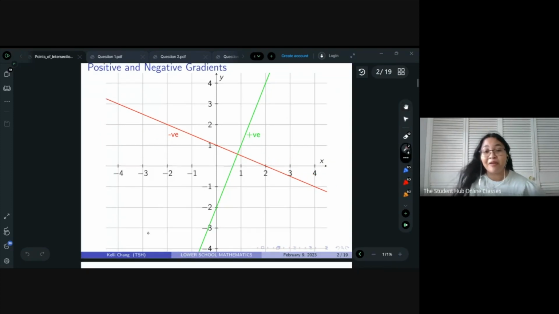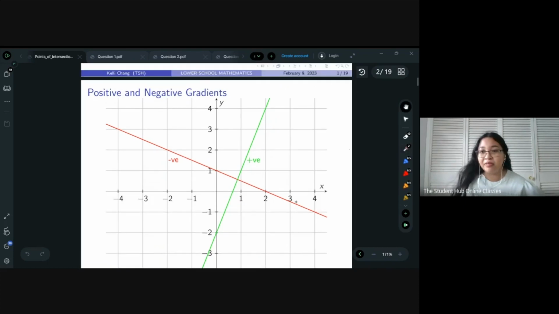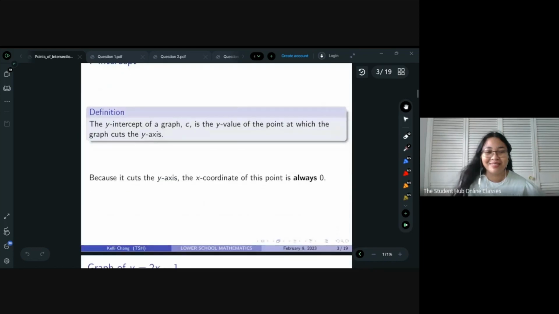Now, if moving from left to right, the graph is going up, then we expect a positive gradient, right? So here, the gradient is going to be negative or half. Oh, no, you all need to find that out. Anyway, you'll see that later on. So that's pretty much it for gradients.